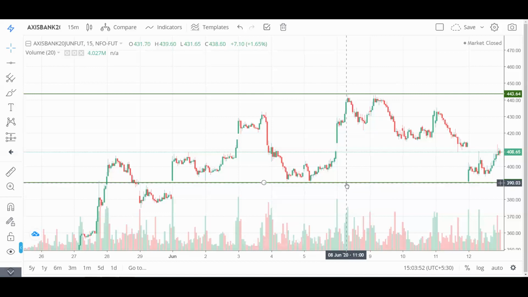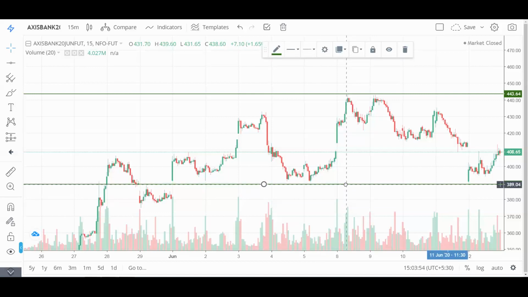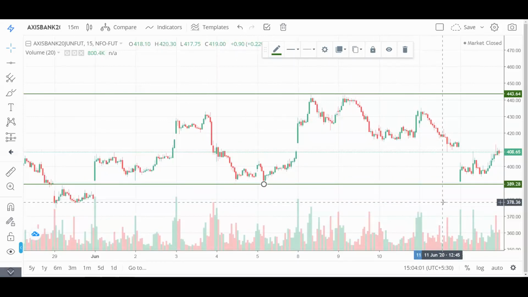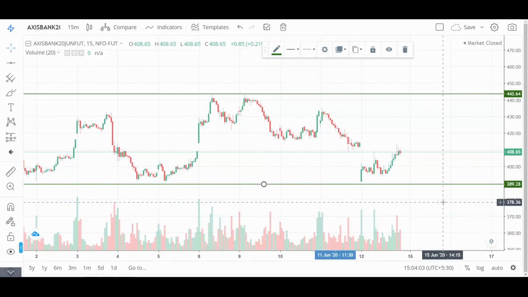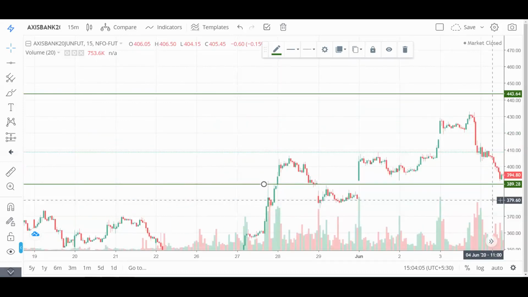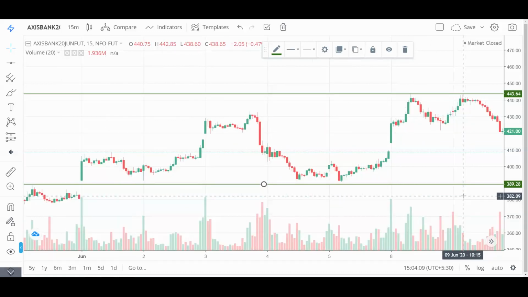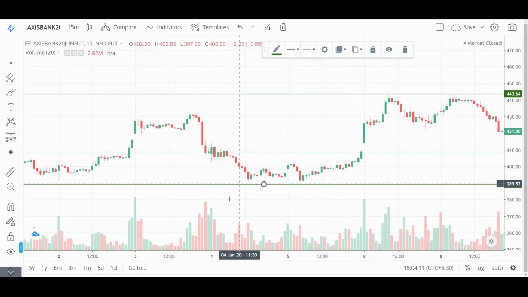So you can backtest once you have drawn the support or resistance line. This is the support line. Once you have drawn the support or resistance line, you can check the previous sessions to see whether it has taken the support of the line.